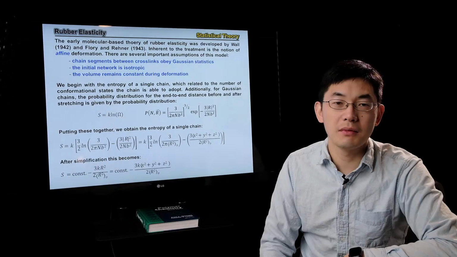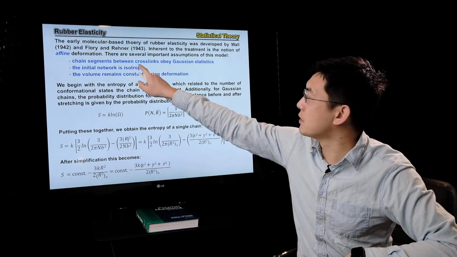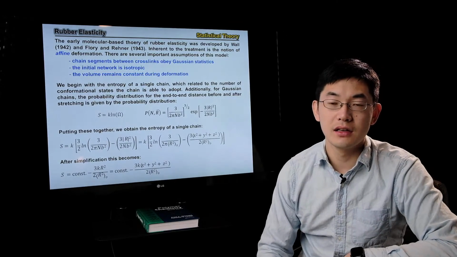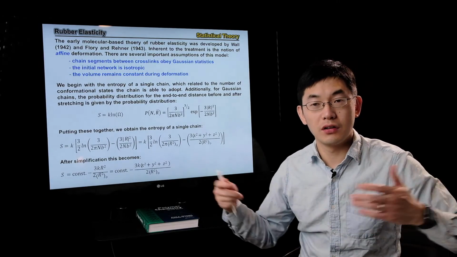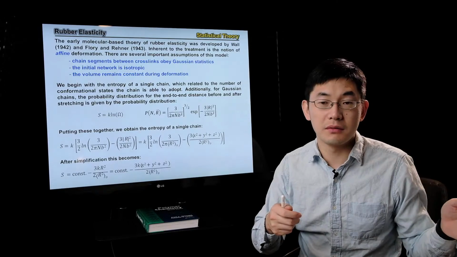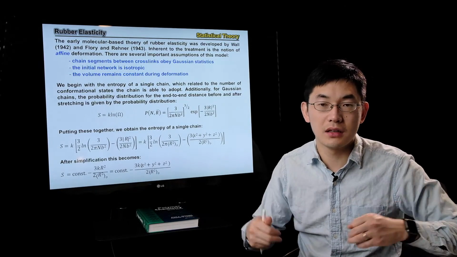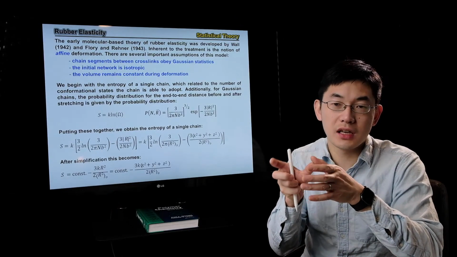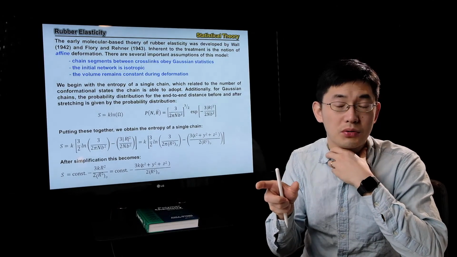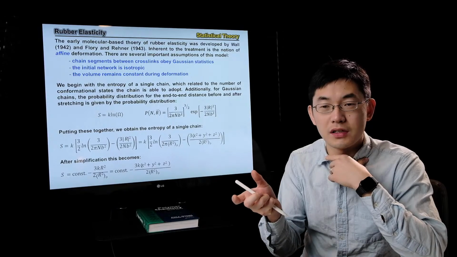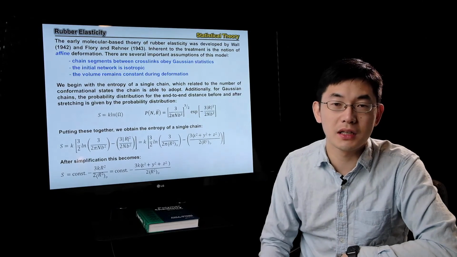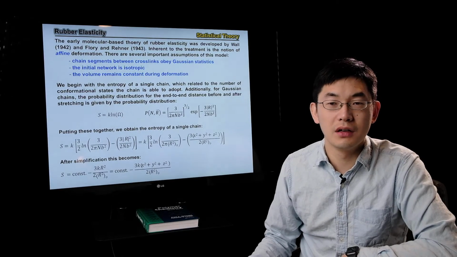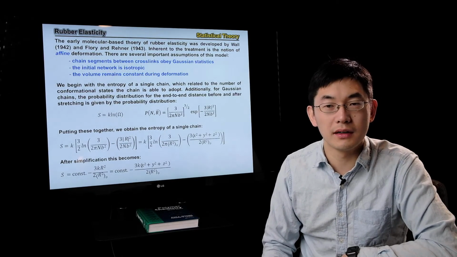This assumption says the chain segment between the crosslinks will still obey Gaussian coil statistics. Your single chain from beginning to end will obey the Gaussian coil, and even after crosslinking, each segment between crosslink points still does the same. That's actually pretty much the case, and you can make this assumption easily without worrying it's going too far away, okay?